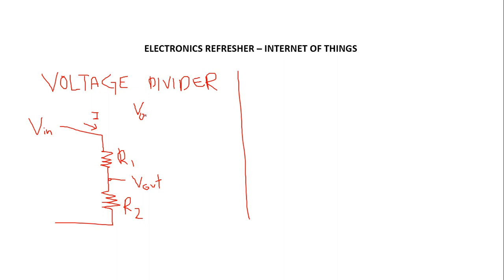And the voltage of the output is going to be the voltage of the input multiplied by R2 divided by the sum of the values of the resistors.